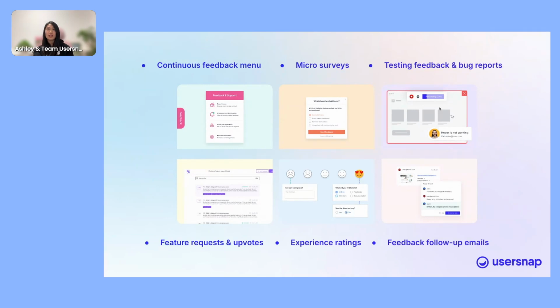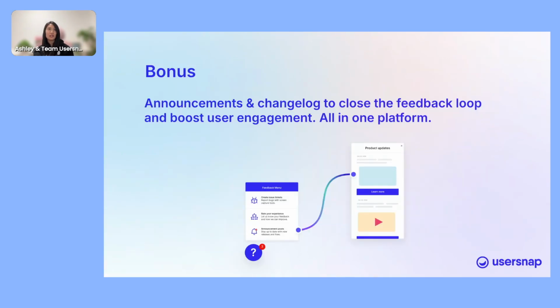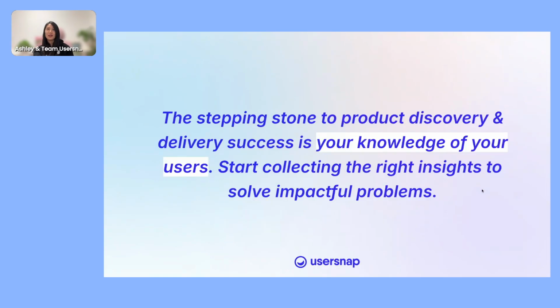And when you're doing testing, the highly contextual screenshots, screen recordings for your bug reports, those are very handy. And the bonus I have introduced about announcements as well. And lastly, Usersnap really believes that your knowledge of your users is what will empower you to make the right decisions during your product discovery and delivery, and that maps the success to help you solve the right problems.